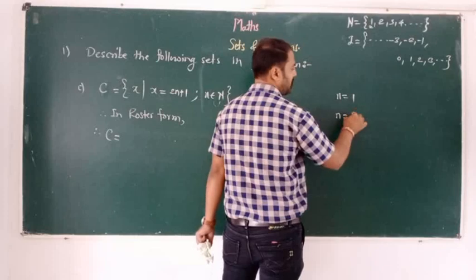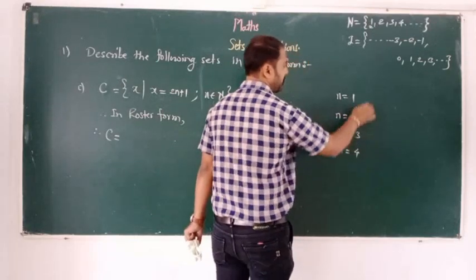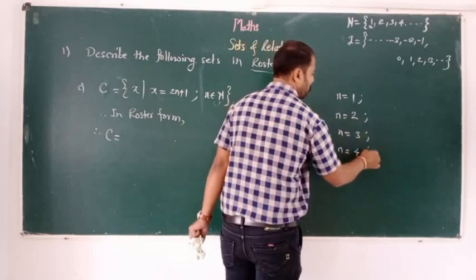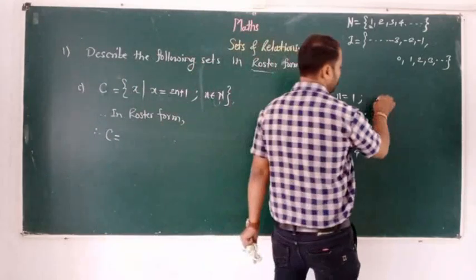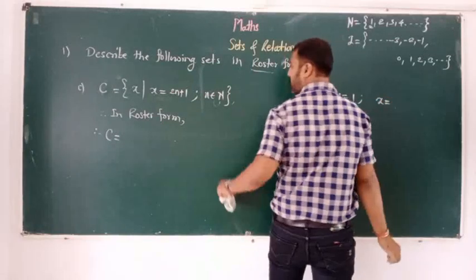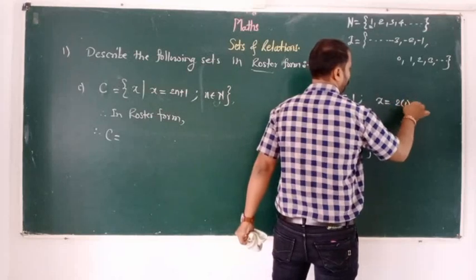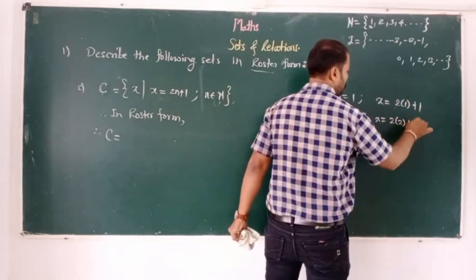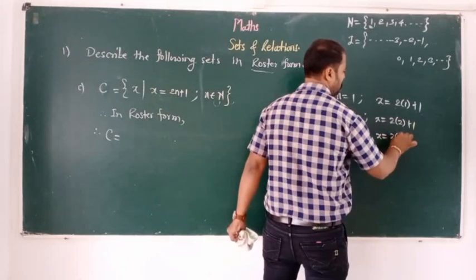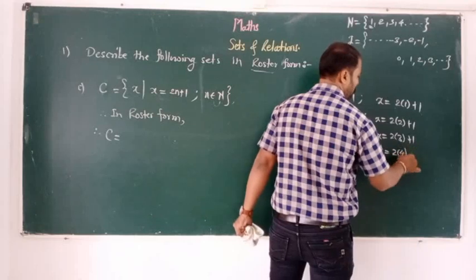Natural numbers are 1, 2, 3, so I can write taking values n equal to 1, n equal to 2, n equal to 3, n equal to 4. Then x is equal to 2 into 1 plus 1, 2 into 2 plus 1, 2 into 3 plus 1, 2 into 4 plus 1.